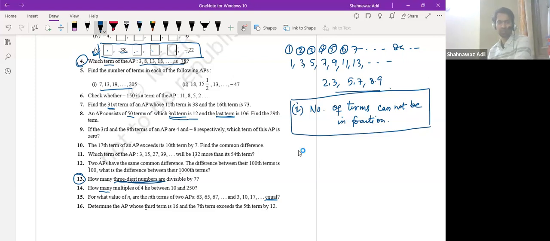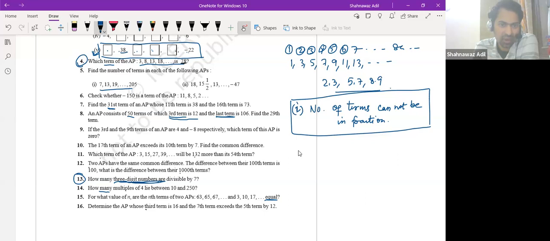To prove root 3 is an irrational number, what did we assume? We assumed that it is a rational number, and then we proved that it is not rational. That terminology in mathematics is called reductio ad absurdum. Firstly, you assume that the thing is correct, and then secondly, you prove that your assumption is wrong.